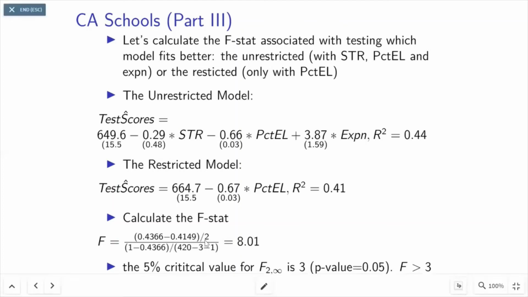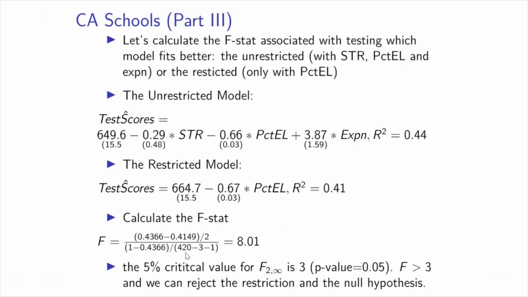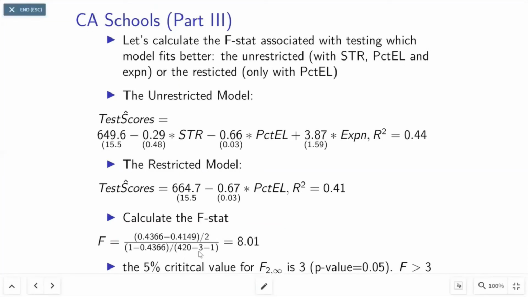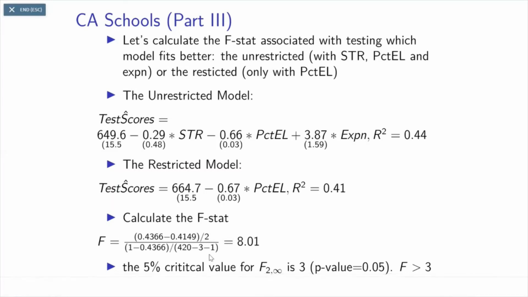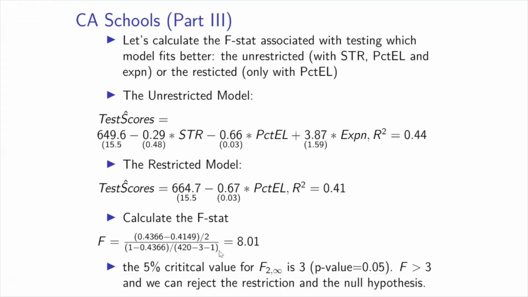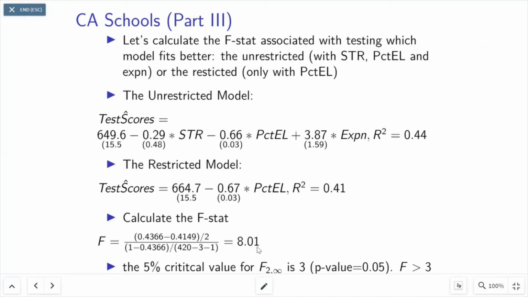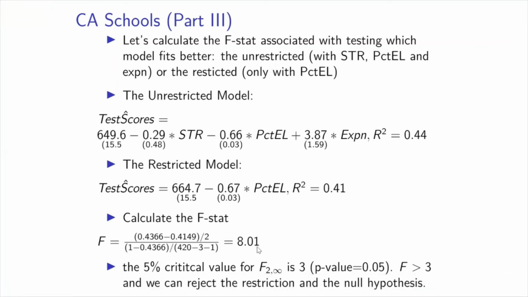The denominator is using 1 minus the R-square of the unrestricted model, divided by N, which is equal to 420 in this case, minus K, the number of regressors in the unrestricted model, which is equal to 3 in this case, and then minus 1. The result shows that this F-statistic is equal to 8.01, which is far greater than the critical value of 3. And hence, we have enough evidence to reject the null that says both the coefficients on STR and expenditure are equal to 0.